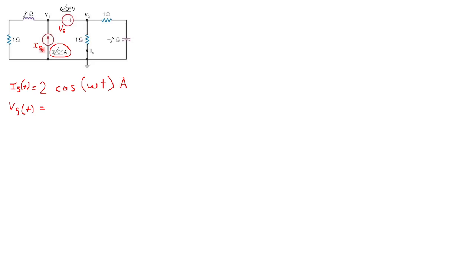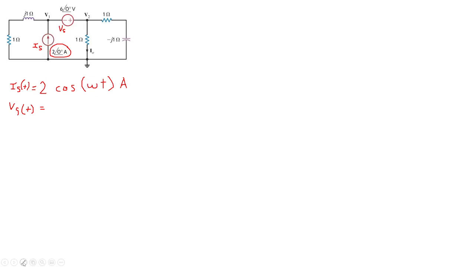Depending on the value of t, this can be positive or negative. So the current this source is generating varies sinusoidally over time, going from +2 to -2 and back again at a frequency described by omega.